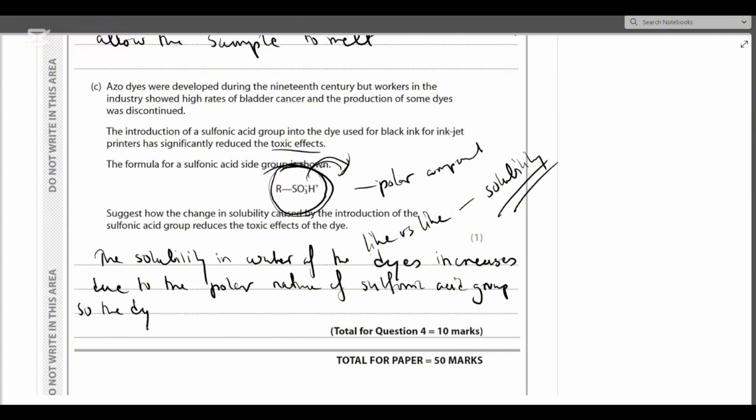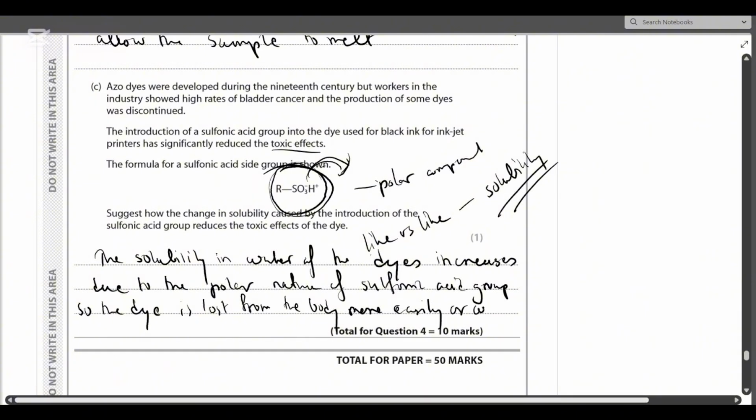So the dye is lost from the body more easily, or washed off more easily. So if it's washed off more easily or removed from the body more easily, the workers will be able to experience reduced toxic effects, which in the long term is going to be healthier for their body.